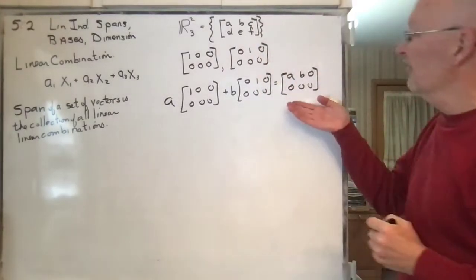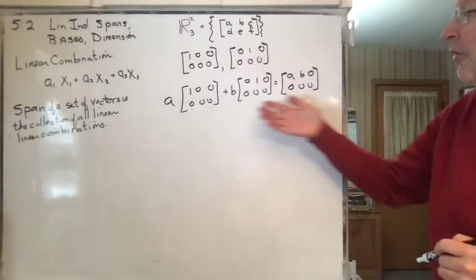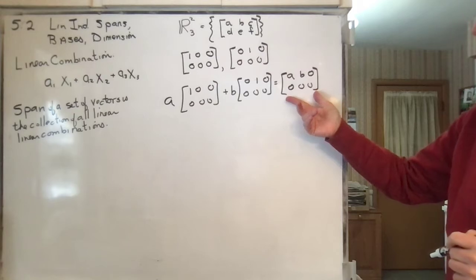As I say, for these two vectors right here, the span would be all the things that look like this. That would be the span.